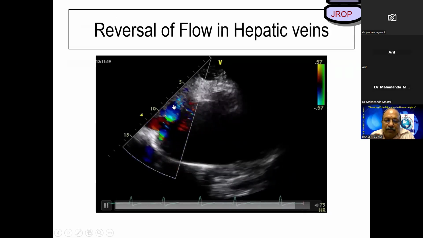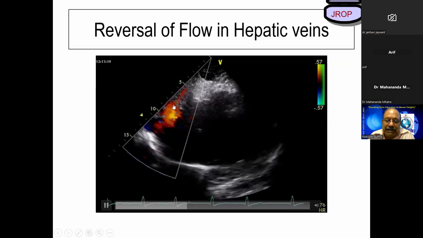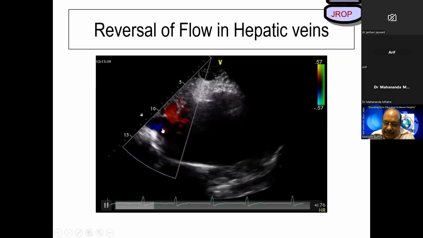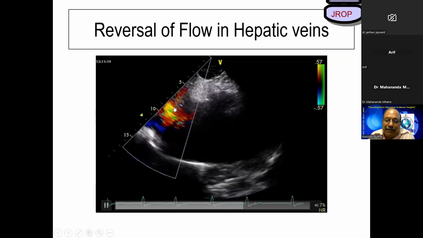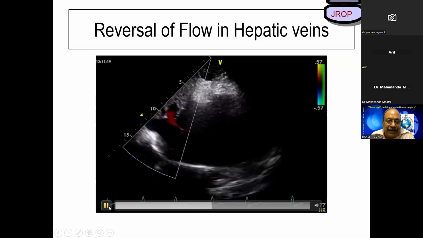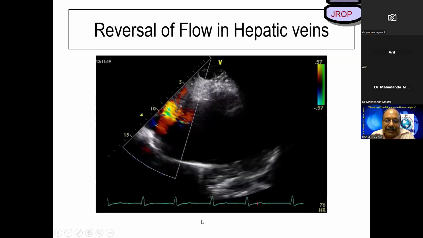Normally, blood should flow all the time, during systole and diastole, from hepatic vein to IVC. Correct? So the color would be blue all the time. Here, the color is red intermittently. Let me hold when the color is red. Now, this is at the end of systole, and this is during diastole, the blood flow is happening, reversal of flow. Now look carefully.